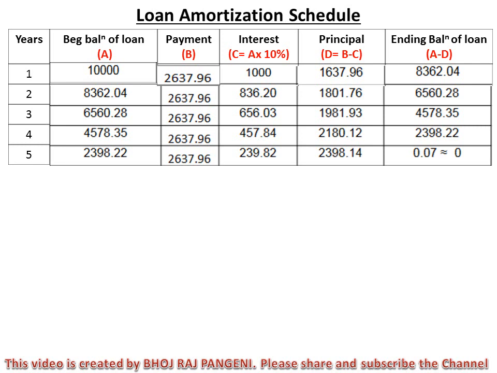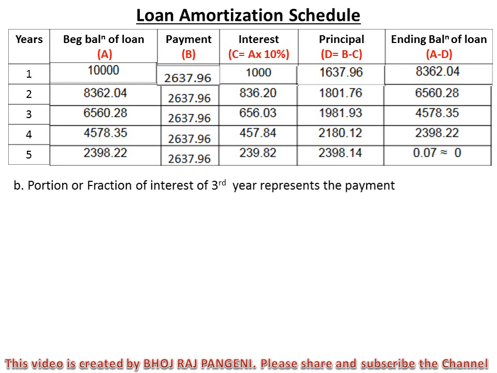Here 0.07 comes due to the rounding error in calculation, so it is equivalent to 0. This is the fully amortized schedule. Fully amortized means the loan is fully paid off, there is no loan at last.